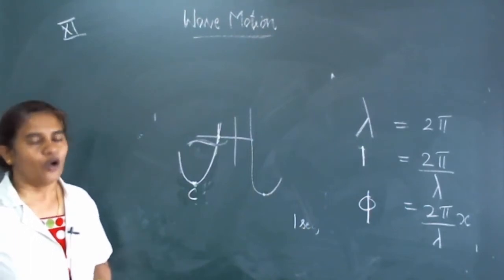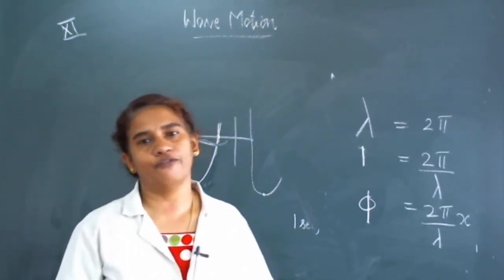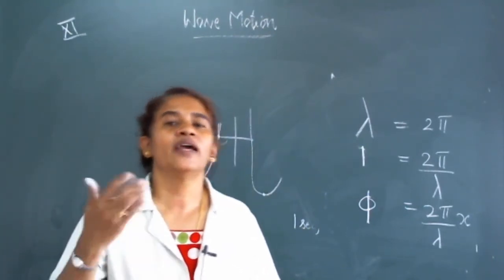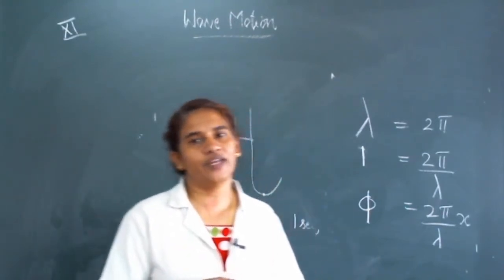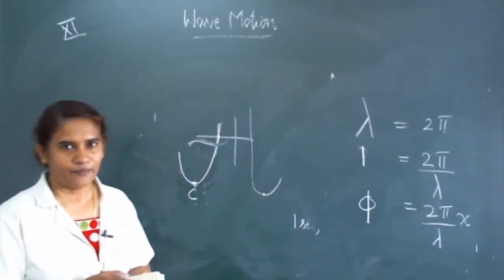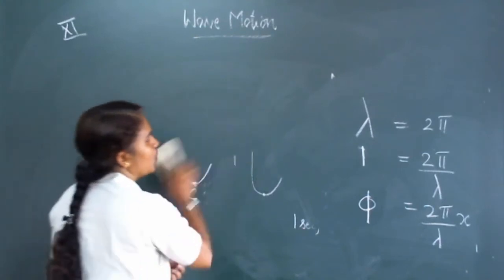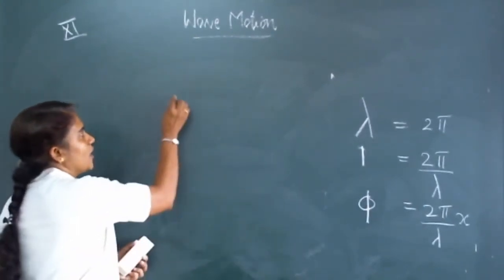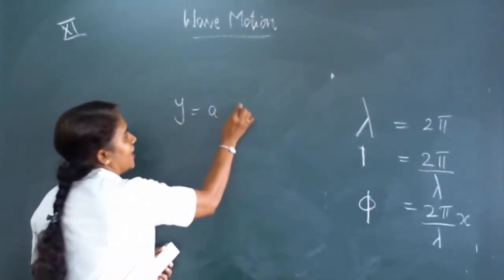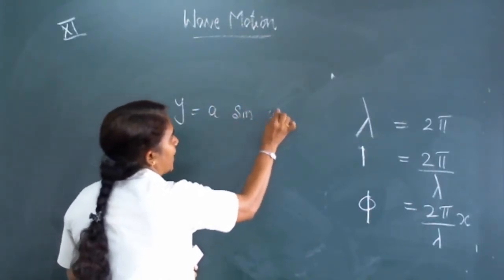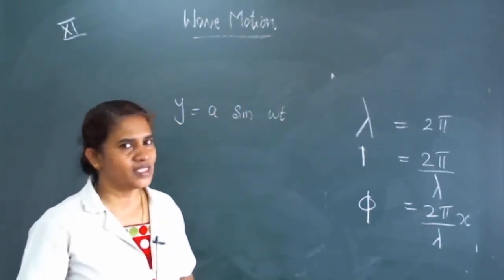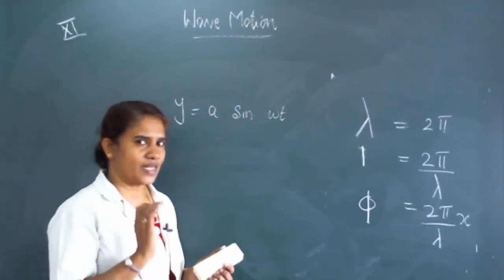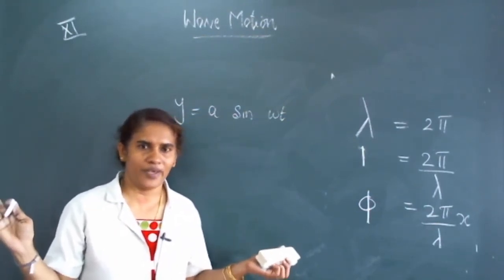Clear? Now let us see the equation of a wave. The equation is already studied, but we are going to study different forms of the same equation. How did we represent the equation of a wave? Y is equal to A sin omega t. Starting from the mean position, it is omega t only.